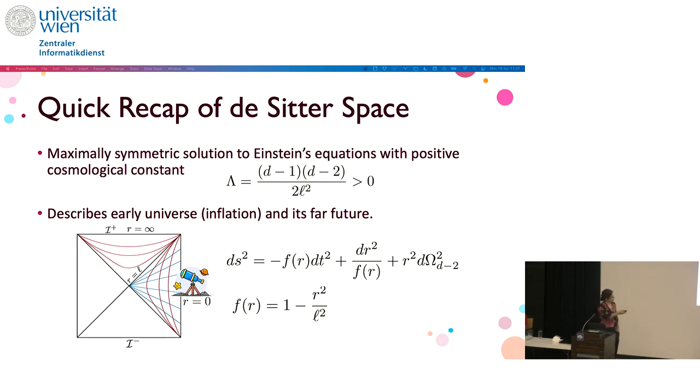That's the metric of de Sitter space. And the Penrose diagram is essentially a square, where, as you can see, the red lines are lines of constant radial coordinate, the blue lines are lines of constant time coordinates, and we live here. That's r equals 0. That's the horizon, the cosmological horizon, and that's future infinity.